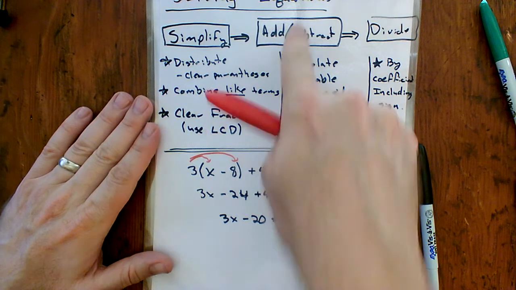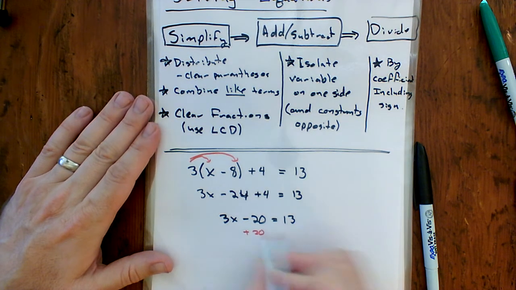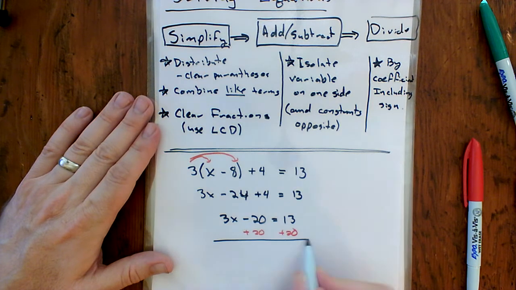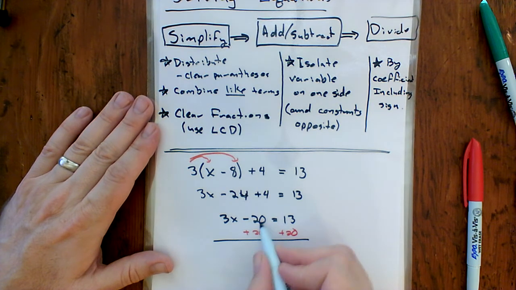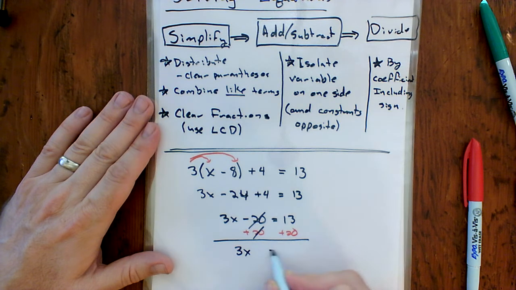So now I can move on to my add or subtract. I'm going to go ahead and add 20 to both sides. And when I do that, negative 20 plus 20 is 0, so this is going to be 3x plus 0, or just 3x. And over here on the right, 13 plus 20 is going to be 33.